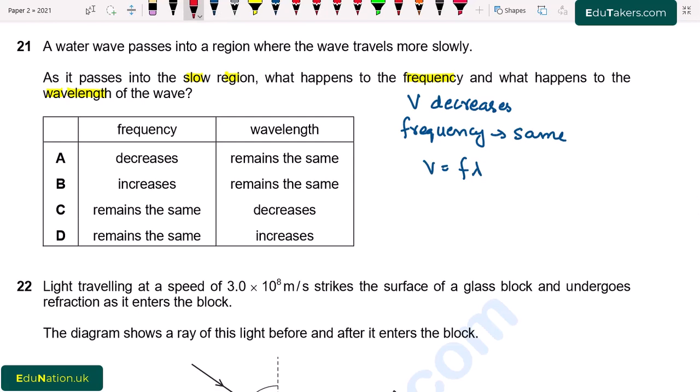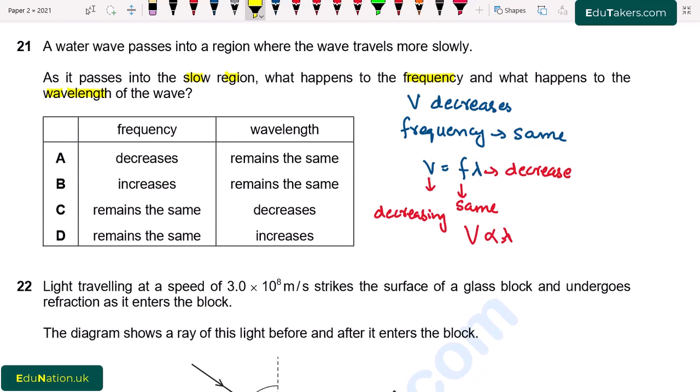If the frequency is the same and speed is decreasing, then the wavelength also decreases, because if the frequency is constant, then speed is directly proportional to wavelength. So in this case, the frequency is the same, but the wavelength decreases.